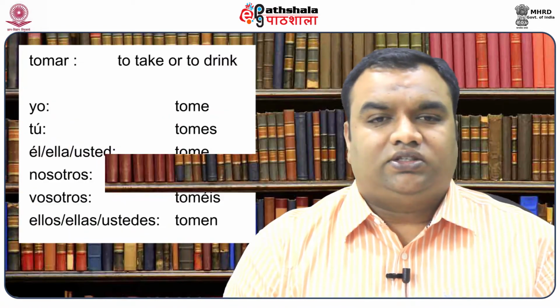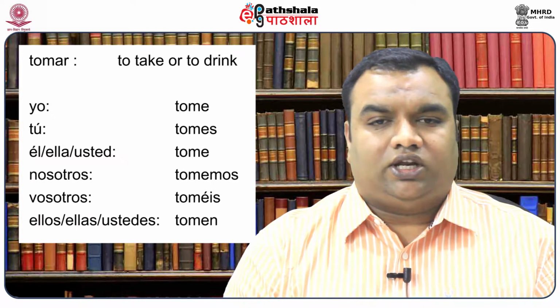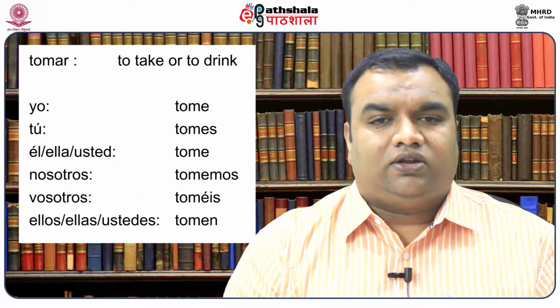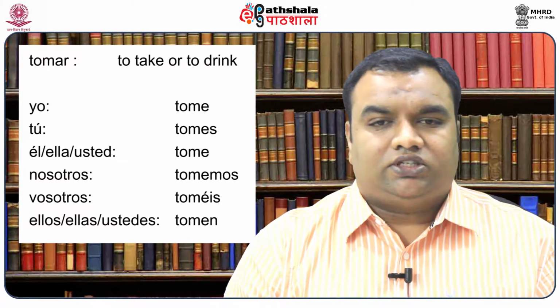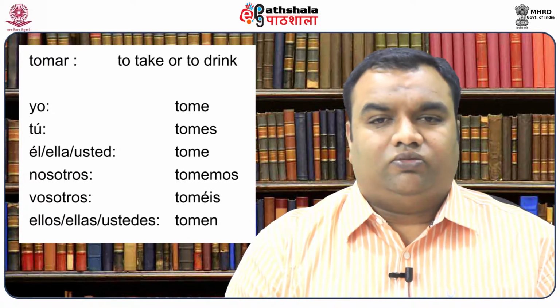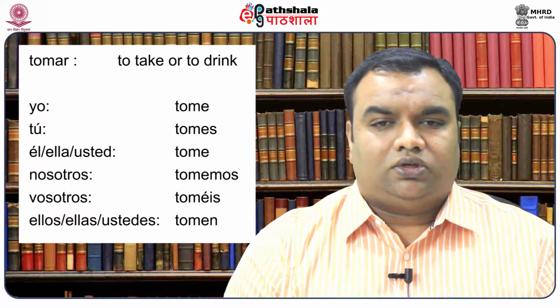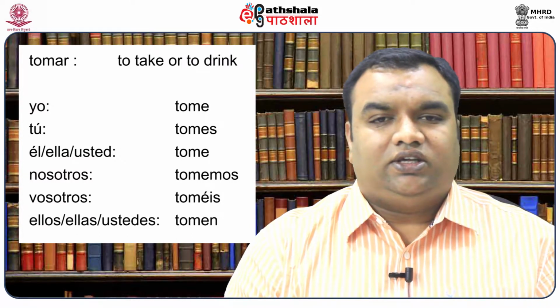Another example we can do is of the verb tomar, which means to take or to drink. We follow the same process and start with the first form in the indicative of the verb, which is tomo. We remove the final O and add the E endings to the stem.